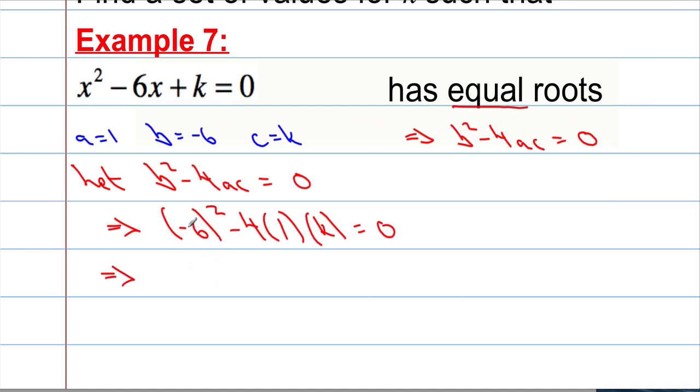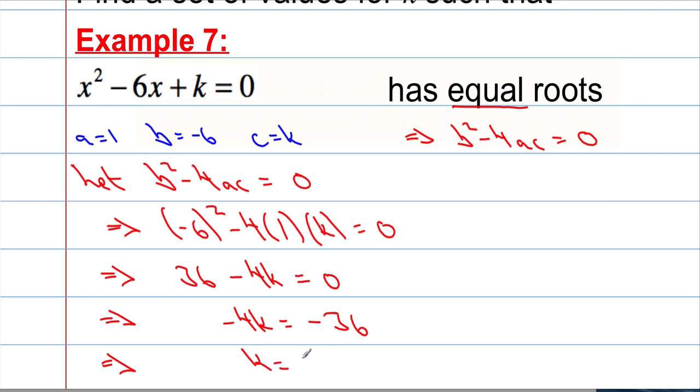Which implies negative 6 squared, 36, subtract 4 times 1 times k, 4k, must be equal to 0, which means that negative 4k equals negative 36, which means that k must be equal to 9, dividing both sides by negative 4. So if k is 9, then this quadratic here has equal roots.